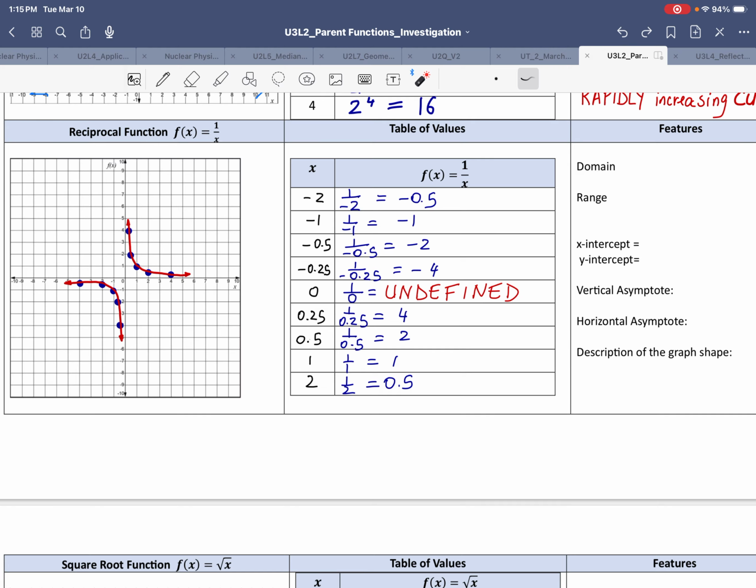We can connect all these points together. Now, I want us to go back to thinking about this undefined value that we got for the y value. When x equals 0, we said x will never become 0, which means that this straight line in here, which is the y-axis, will serve as a wall for the values of y for this function.